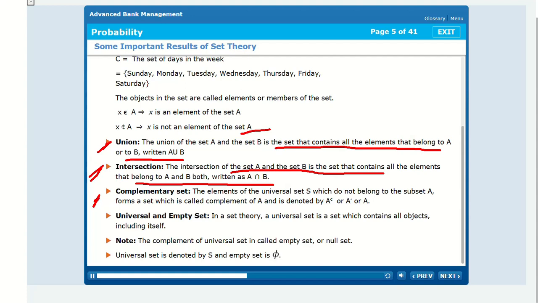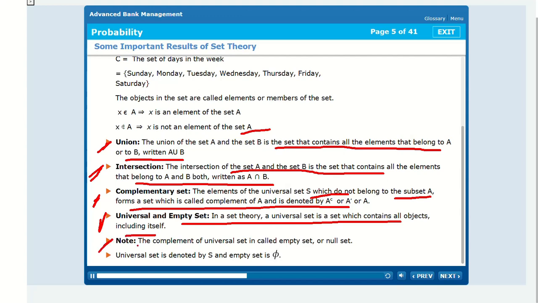The elements of the universal set S which do not belong to the subset A, forms a set, which is called complement of A, and is denoted by A^c or A' or A-bar. Universal and empty set. In a set theory, a universal set is a set which contains all objects, including itself. Note, the complement of universal set is called empty set, or null set. Universal set is denoted by S and empty set is phi.